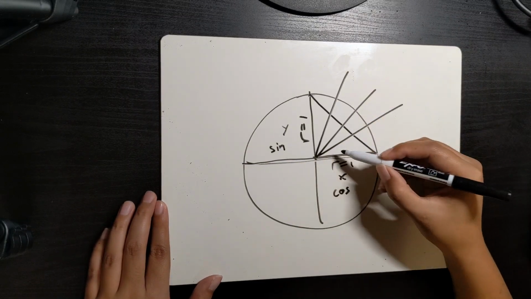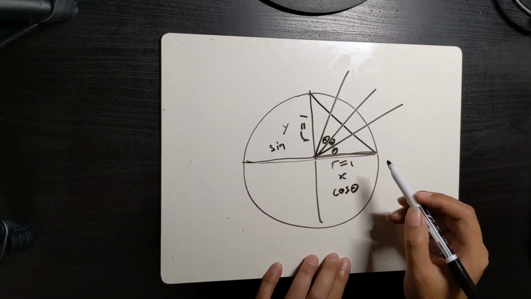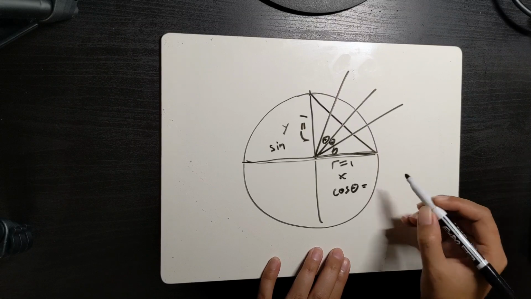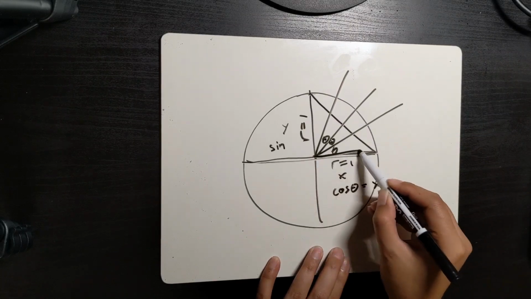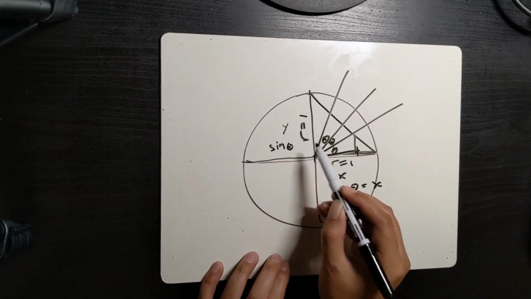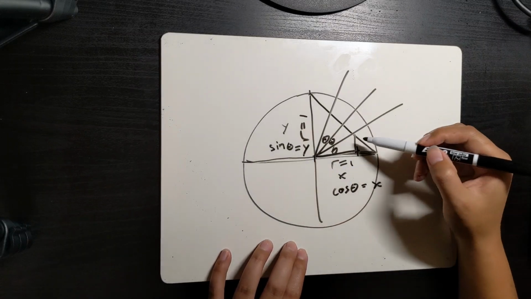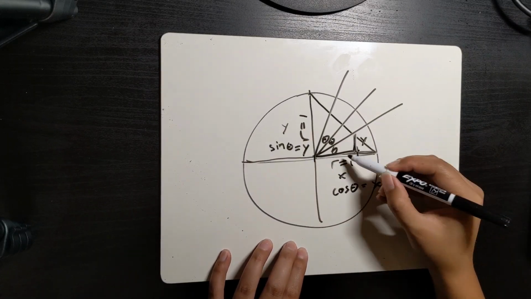If we add the degrees right here, cosine of a degree will give you the x value associated with that degree, while the sine of the degree will give you a y value associated with that degree.